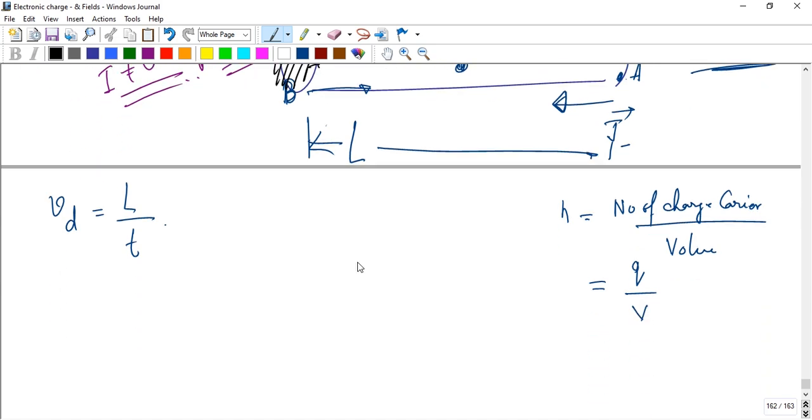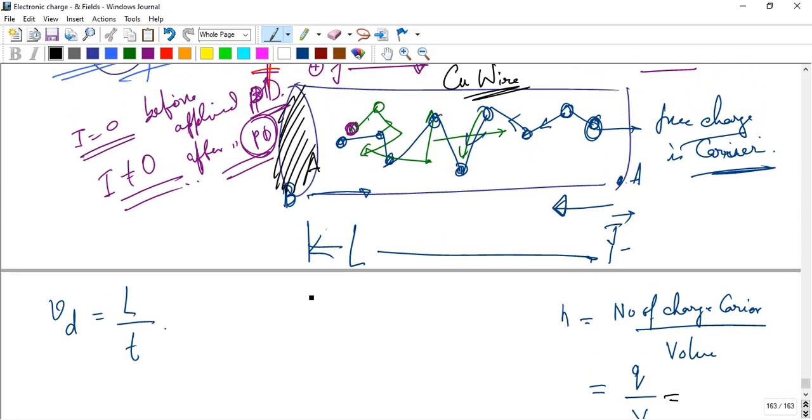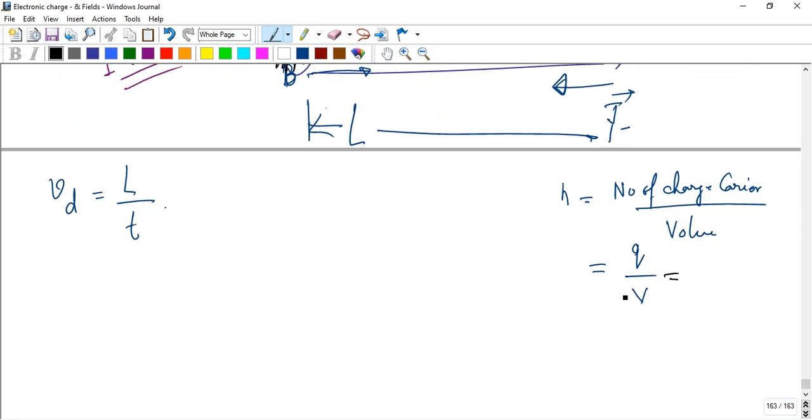The volume is A times L, where the cross section area is pi r square and the height is L. So N equals Q by AL, and Q equals NAL. Multiplying by the elementary charge E, which is 1.6 times 10 to the minus 19 coulomb, Q equals NALE.